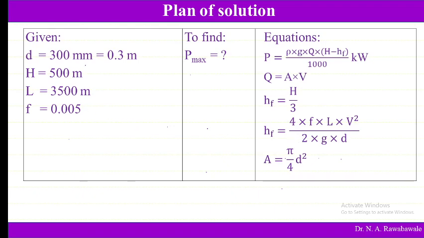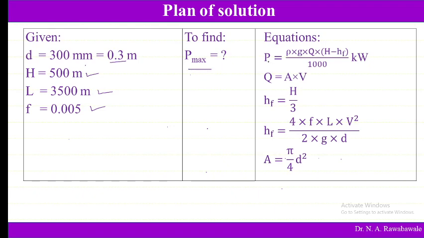Now we will take out this data. Diameter of pipe is 0.3 meter, head available at inlet is 500 meter, length of pipe is 3500, and coefficient of friction is 0.005. So we have to find out Pmax.